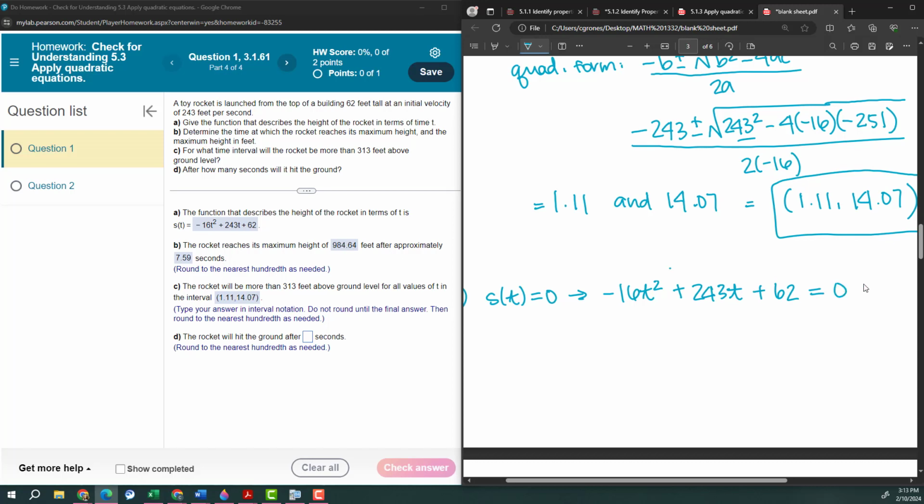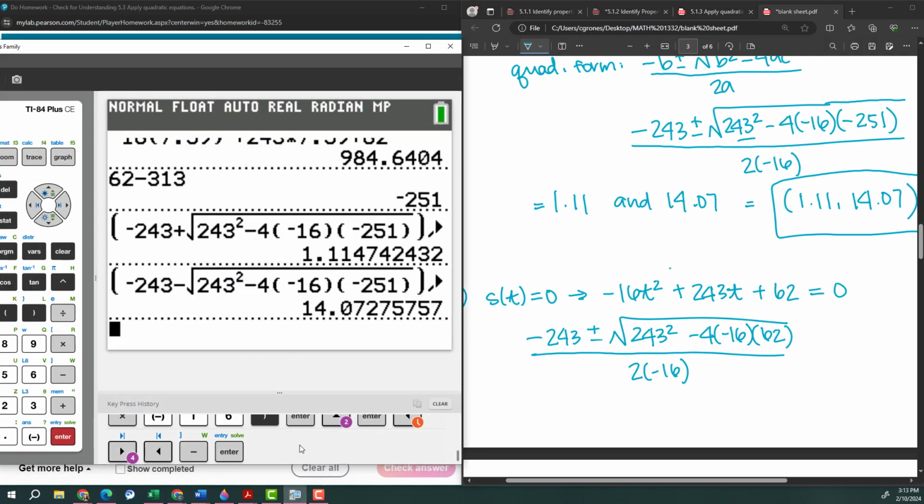And I'm going to use our quadratic formula again. I've got negative 243 plus or minus the square root of 243 squared minus 4 times negative 16 times 62, and then this all over 2 times negative 16. So I'm going to do it the easy way again.